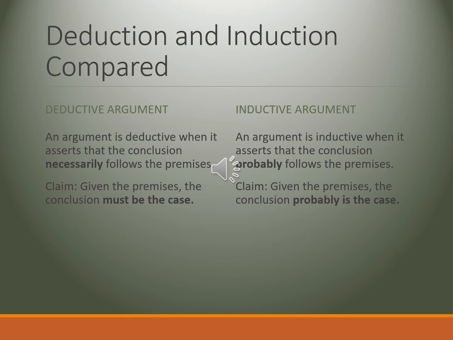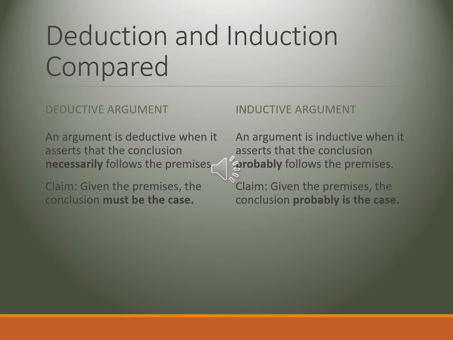So the idea is that in an inductive argument, we are extrapolating, we are speculating that something is likely the case based on the information in the premises. Very often, inductive reasoning makes a claim about the future, for example. And the evidence for this claim about the future is what has happened in the past. Now, we know that if something has happened in the past very, very frequently, very commonly, or for a very long time, it's more likely to happen again.